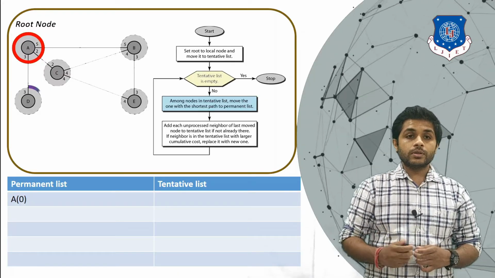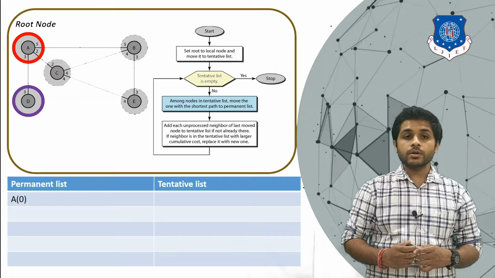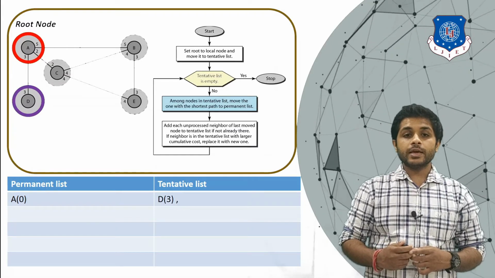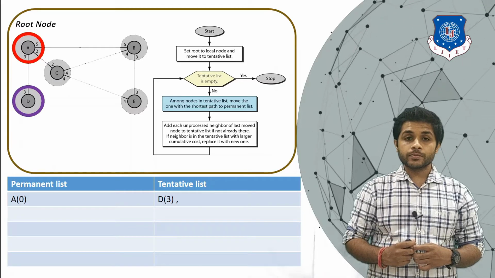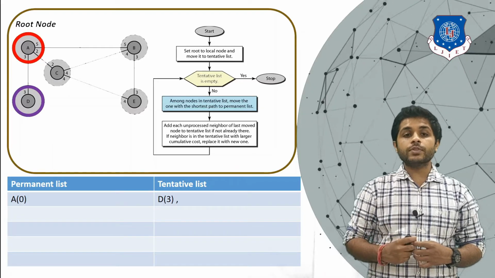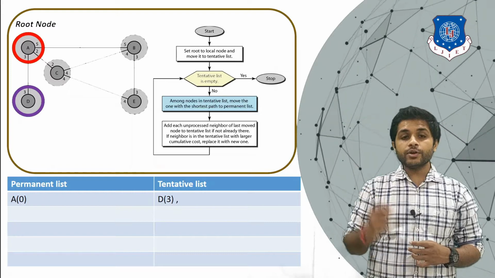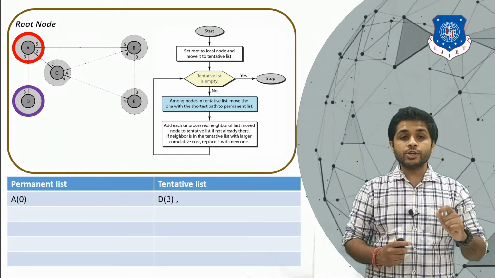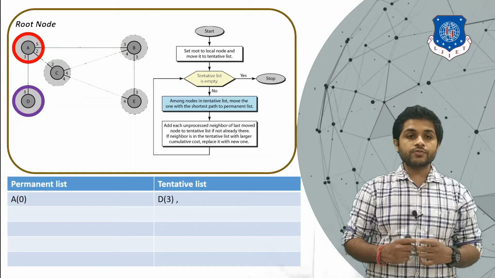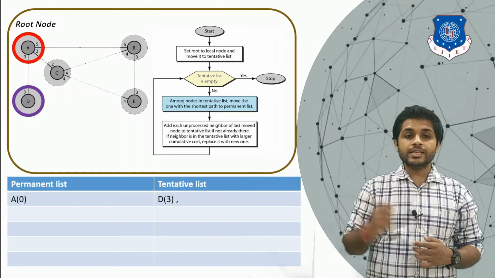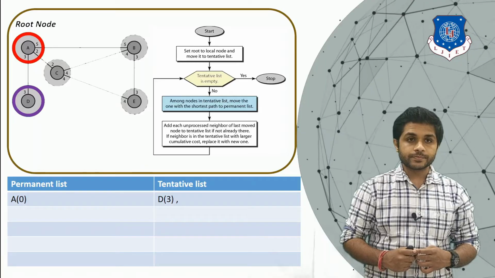So the first adjacent node D will be added to the tentative list. Now you can see D3. So what is the meaning of the value in the bracket? The value in the bracket will always tell you the distance from the root node. So the distance from the root node is 3, so D3 is added to the tentative list.